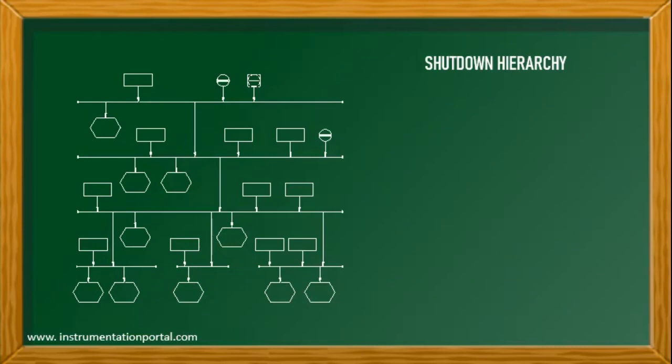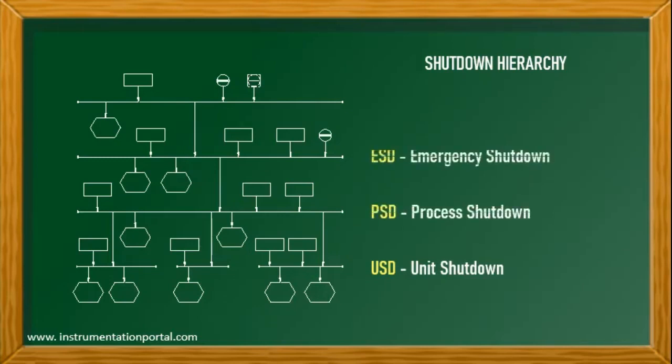In oil and gas facility, there is a hierarchy of shutdown levels. Typically it consists of USD or unit shutdown, PSD or process shutdown, ESD or emergency shutdown, and EDP or emergency depressurize. The initiation of a higher level shall cause lower level shutdown actions to occur.